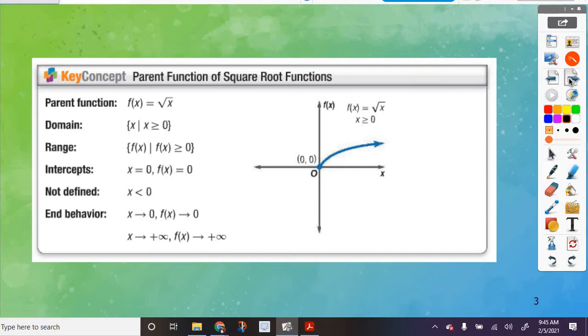So remember that our parent function is going to be the most basic function that we have for that type of function. So in this case, it is f of x equals the square root of x. Notice that our domain is going to be restricted. It's not all real numbers like it was for many of our polynomials. And the reason for this is because, remember, when I'm talking about a function, I'm talking about being in the real numbers.